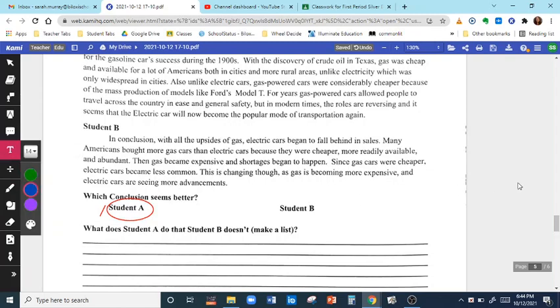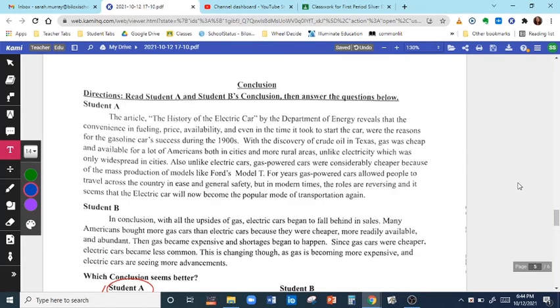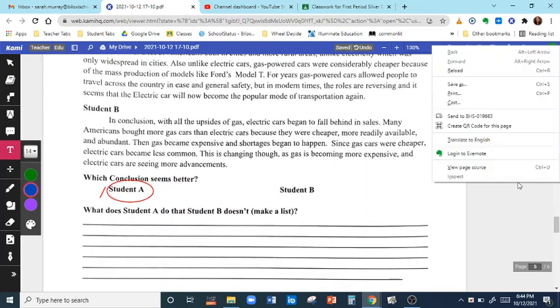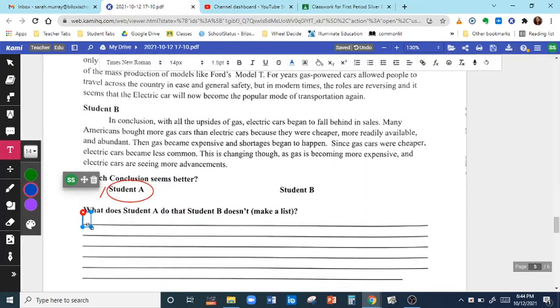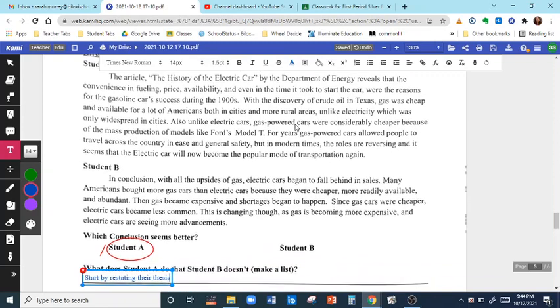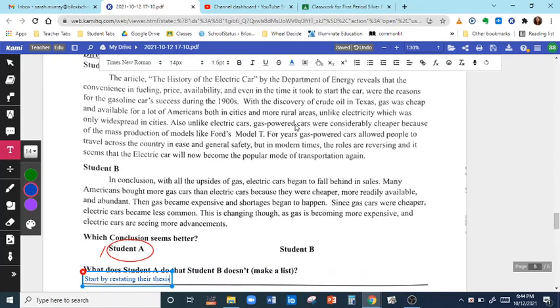So what does student A do that student B doesn't? First, they start by restating their thesis. Remember that the thesis is that sentence that lists exactly what we're going to talk about. You have to put that in different words when you start your conclusion. That's what lets me know you're starting your conclusion, rather than "in conclusion."